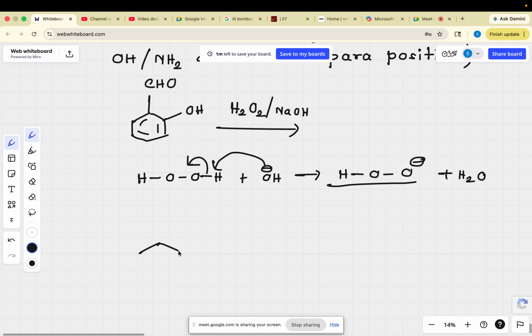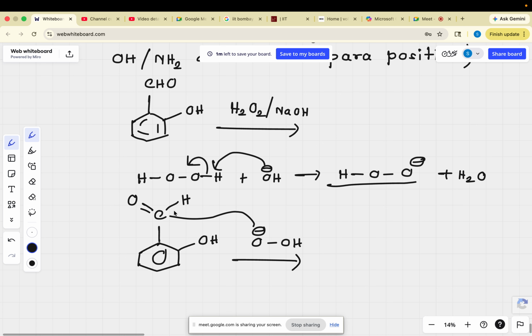Now what is the substituent you have? So basically carbon, double bond O, hydrogen, and here you have OH. What is the generating nucleophile? OOH minus. So this nucleophile will attack now on the carbonyl carbon, this bond will break.